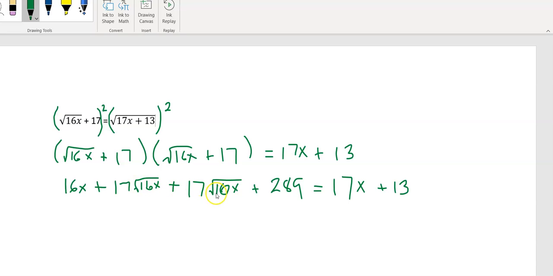Since they both have the same radical, we can add together the two 17s, which gives us 34 square root of 16x. Just think it's just like adding 17x and 17x. The x part stays the same, but we add the two numbers in front. And now we have this.